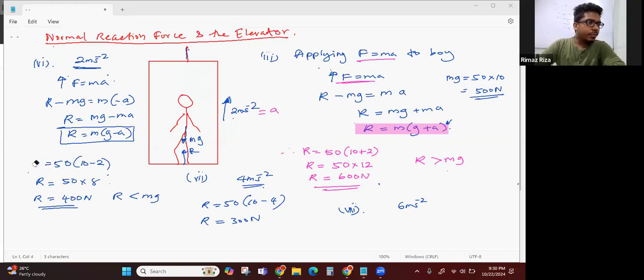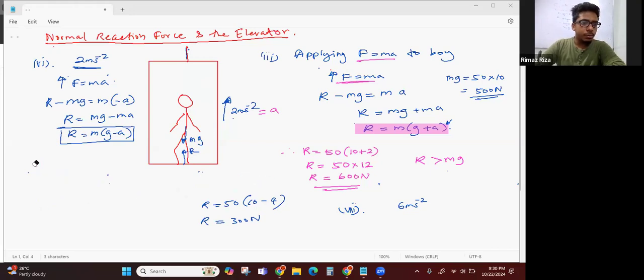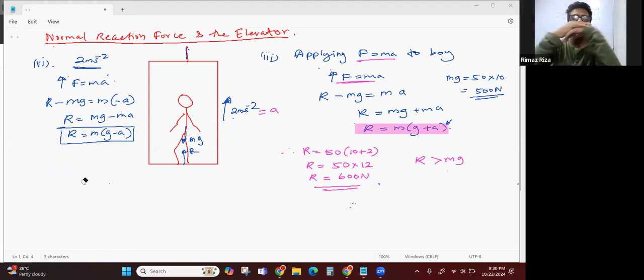Let us consider the lift is moving vertically downward with constant acceleration. So write down the question, Roman number 9. The lift is moving vertically downward with a constant acceleration of 1 meter per second squared.